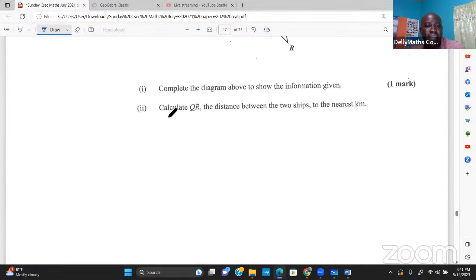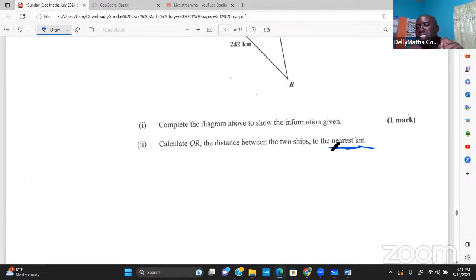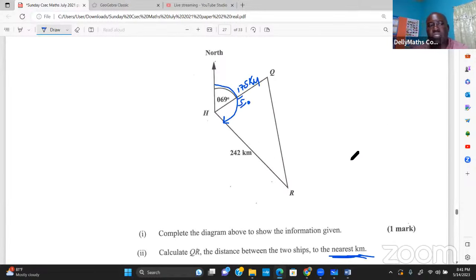Now, the question says, calculate QR, the distance between the two ships, to the nearest kilometer. Now, they want us to find this. If you notice though, we have an angle between two known sides, and we have enough information to know the angle. Remember, 151 passed the 69.